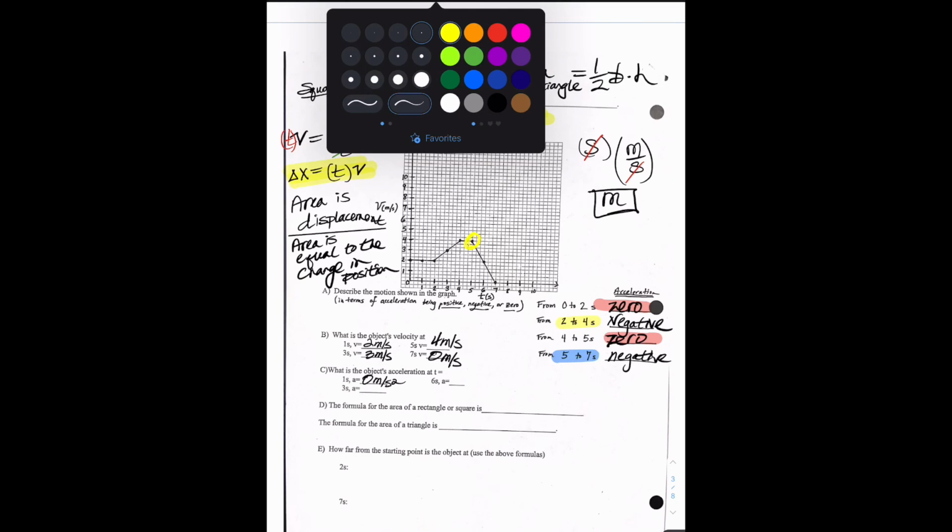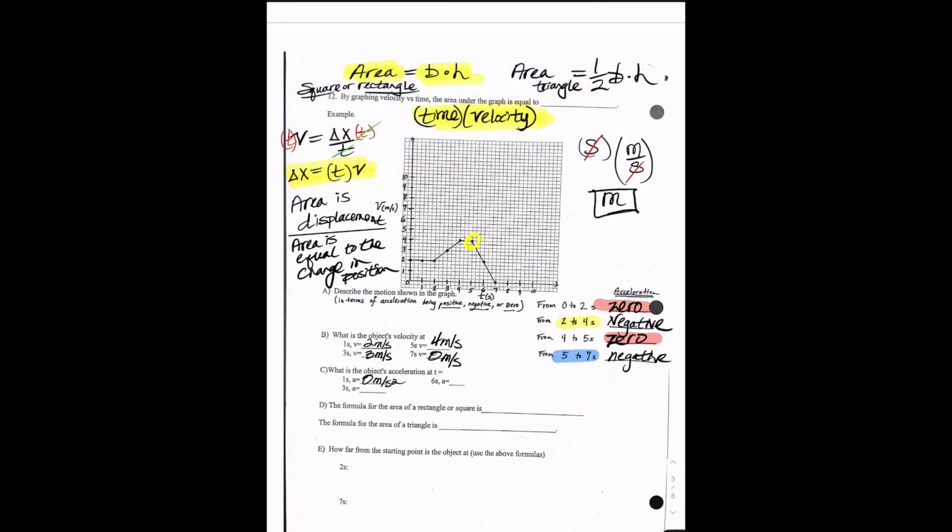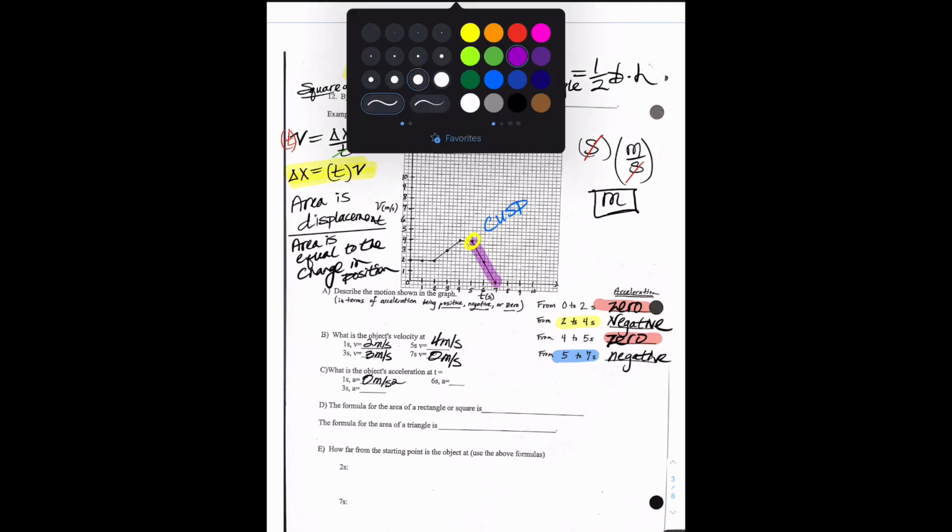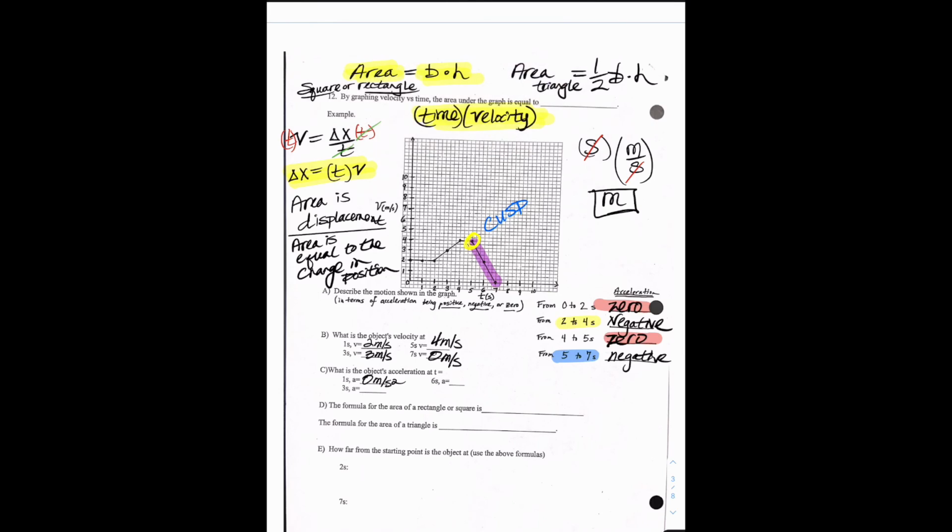And at a cusp, we don't know what the corner belongs to. We don't know what that point belongs to. Does that point belong to this purple section, or does that point belong to this 0 section up here?